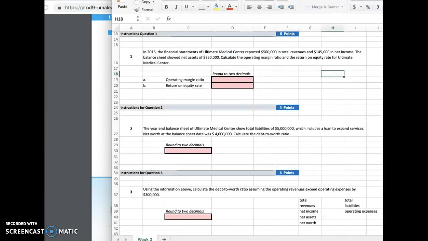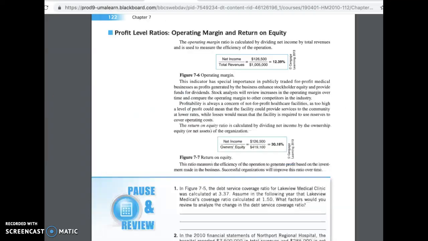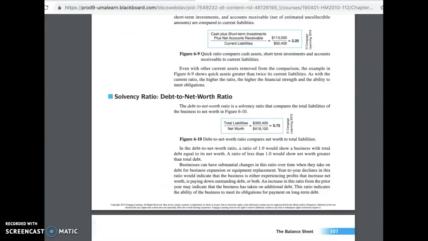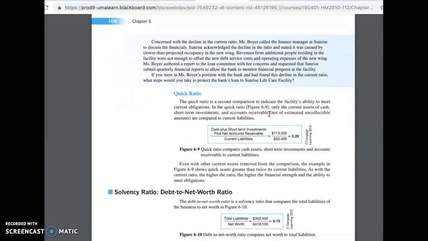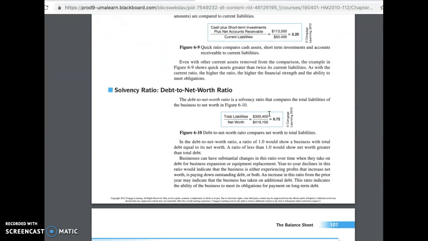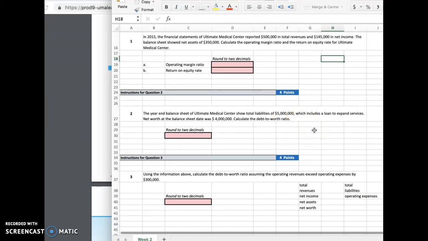All right, and then the next 2 questions deal with ratios, and we go over ratios in Chapter 6. So if you pull up the Chapter 6 reading, you'll have to scroll down a little bit to where it talks about things like quick ratios and debt to worth ratios. And so number 2 is a debt to worth ratio question, and this one's fairly straightforward. You're using the numbers that it gives you in question 2.